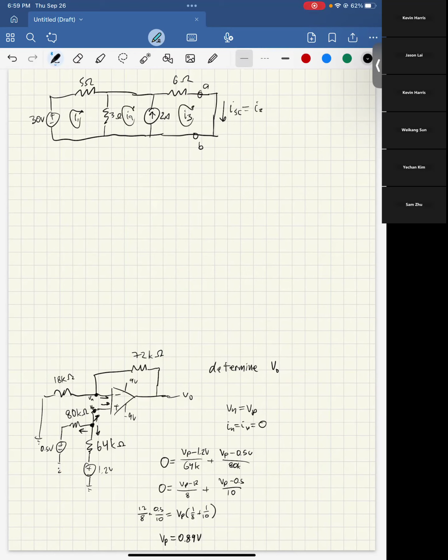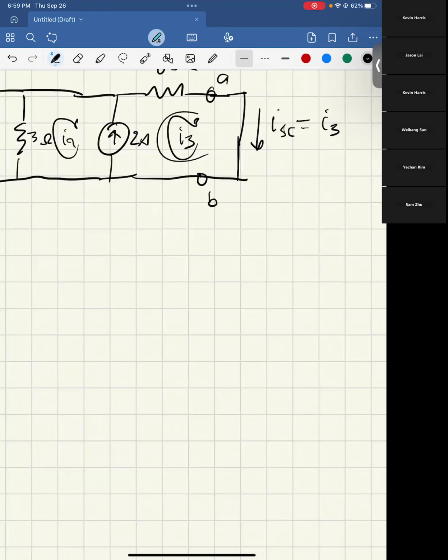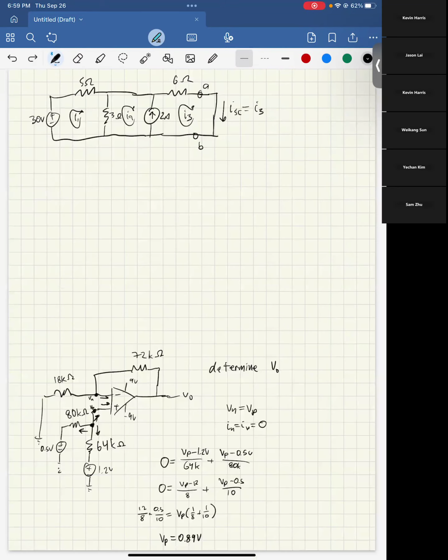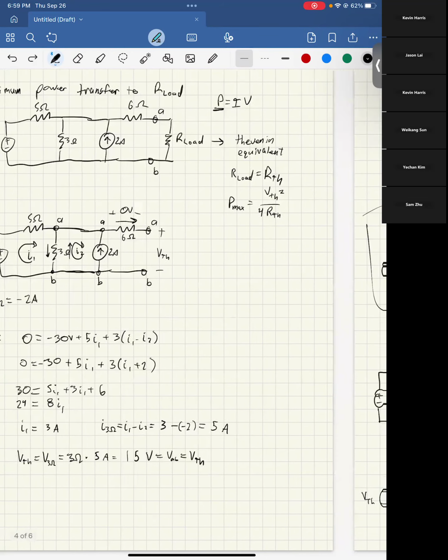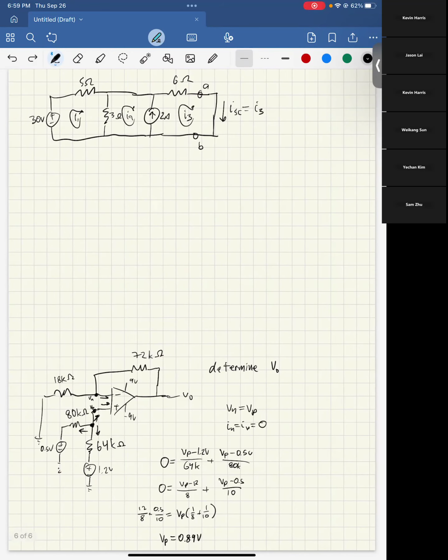You can see here that this ISC is equal to I3, just because it's going around here, it goes through there. And when you find that ISC, you still find the Thevenin voltage in the exact same way. So we found our Thevenin voltage, and then what you find at the end of this is you have an ISC and a VTH, and you know V equals IR, so then R equals V over I, so then our RTH is your VTH over your ISC.